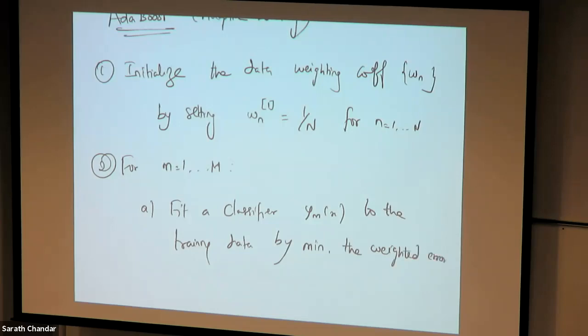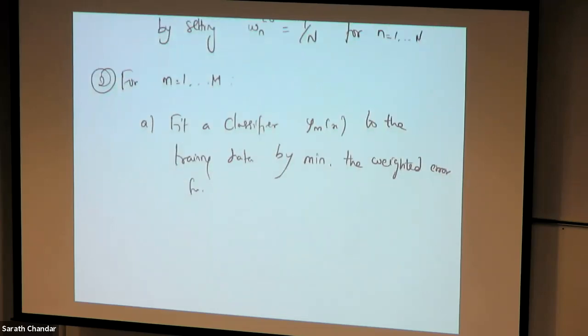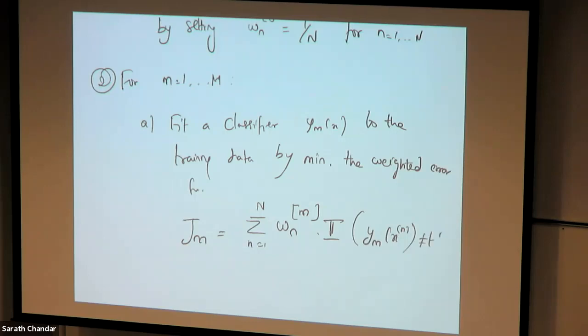My error function is given by J_m, which is the summation over n equal to 1 to capital N of w_n^(m) multiplied by the loss. The loss here is an indicator function, which is y_m(x_n) not equal to t_n.